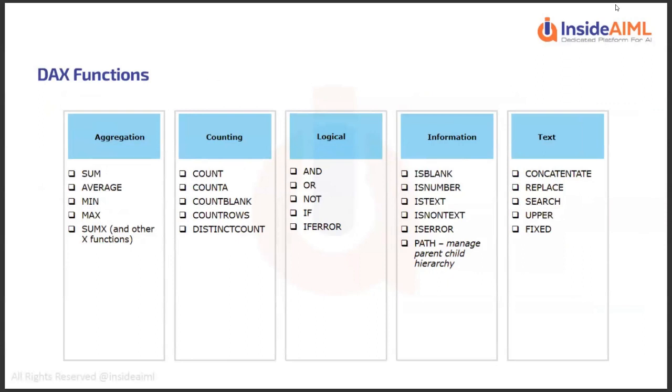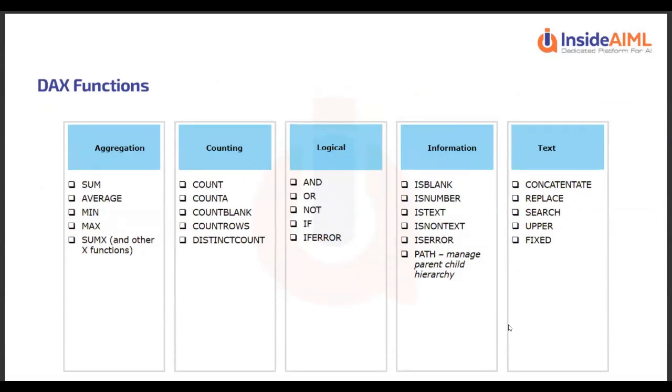Then logical: and, or, not, if, iferror. Information functions like is blank, is number, is text, is non-text, is error. And then text-related functions, where we can concatenate, replace, search, upper, fixed. These are the basic functions we are going to use, and we'll create a dashboard out of it.